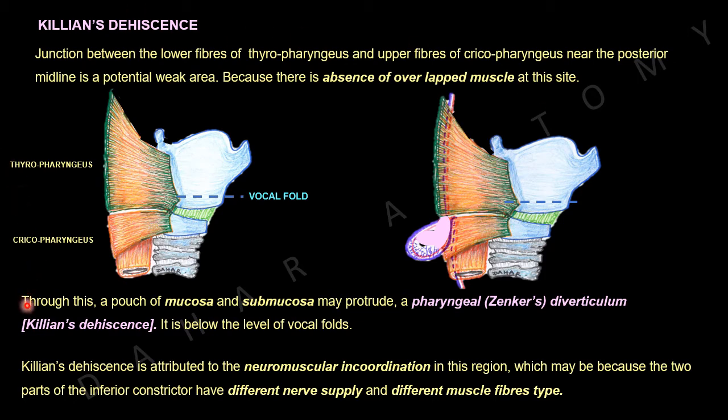Through this area, a pouch of mucosa and submucosa may protrude, called pharyngeal or Zenker's diverticulum.